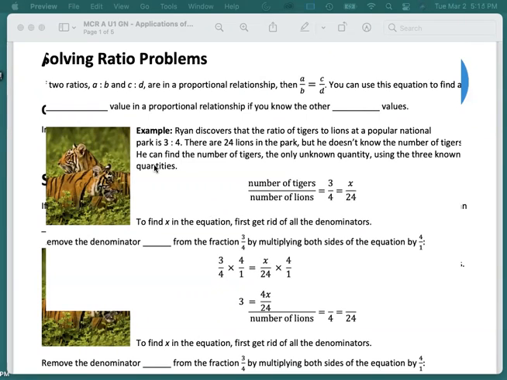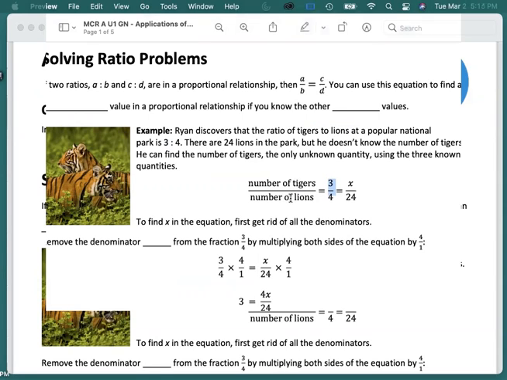So first we know tigers to lions is 3 to 4. So tigers is on top and the 3 is on top because we have to make sure that they match up in the order in which they were written.